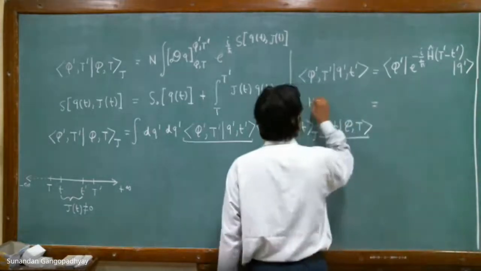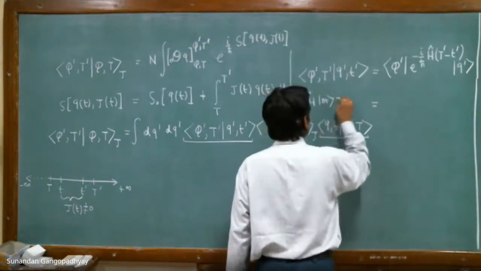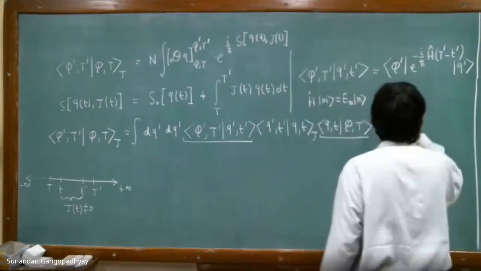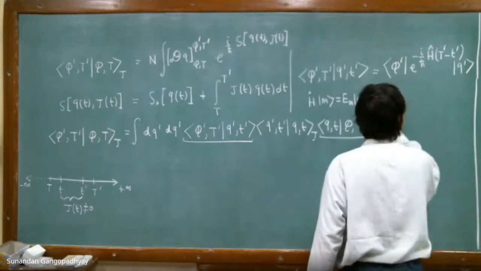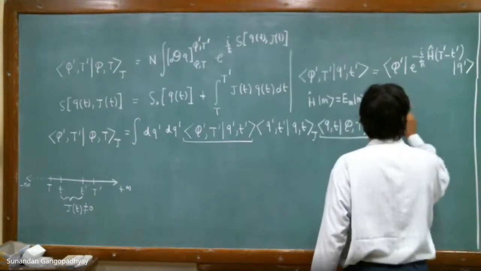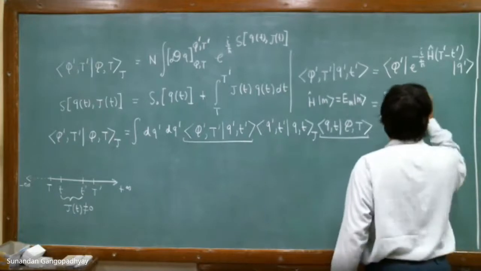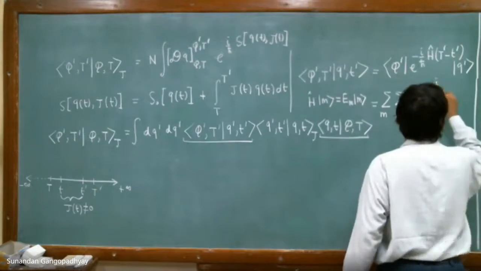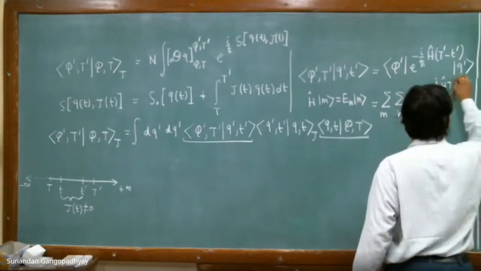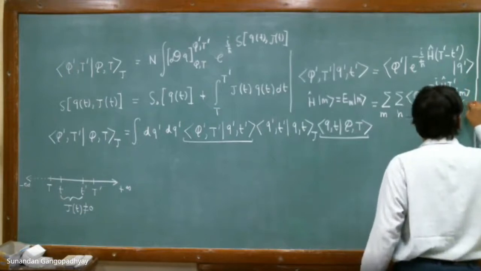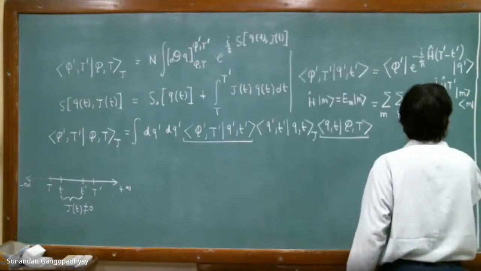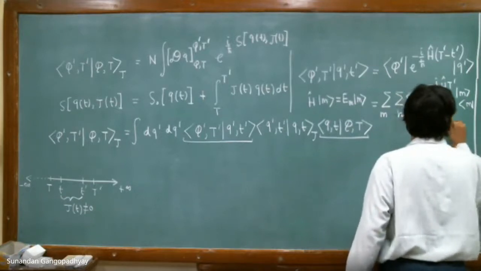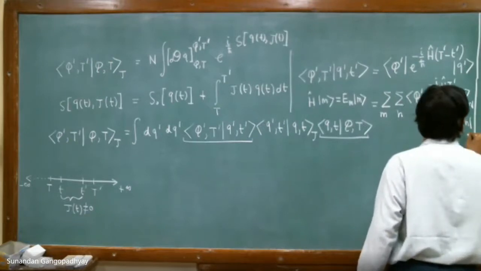So let n denote the energy eigenket. So what we do over here is we insert a complete set of energy eigenkets, and this gives us Q prime. So here I can write this down as Q prime m, and then I can write this as i by h bar Hamiltonian Q prime m Q prime.